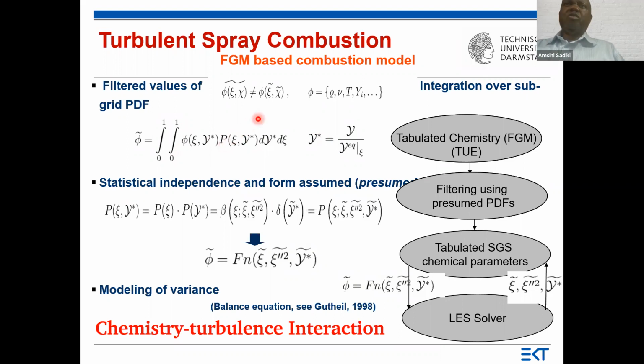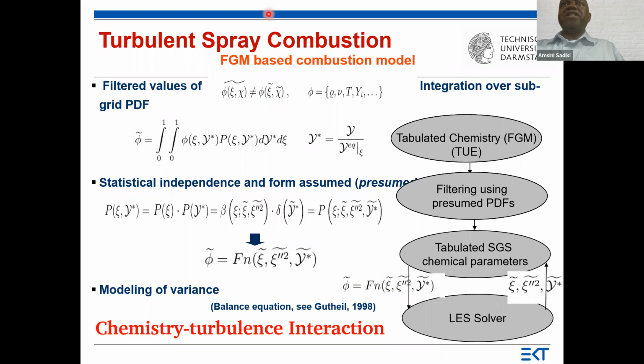We can solve the transport equation of the PDF, or we can assume a form for this PDF. And here we can use the so-called statistical independency. If we say that they are statistically independent, then we have the PDF of the mixture fraction multiplied by the PDF of the progress variable. For the mixture fraction, normally we assume a beta PDF.